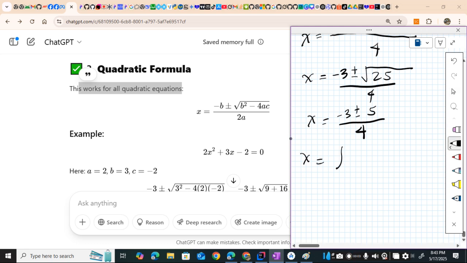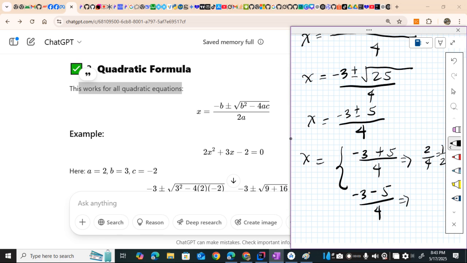The first one is negative 3 plus 5 over 4, and the other one is negative 3 minus 5 over 4. Negative 3 plus 5 is 2 over 4, or 1 half.